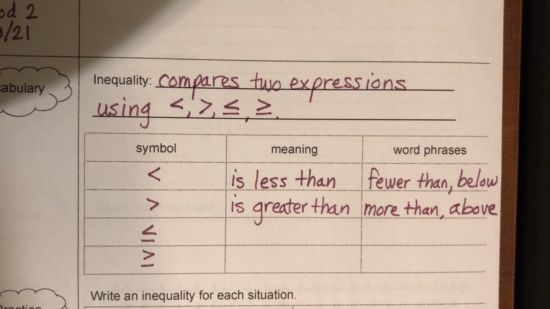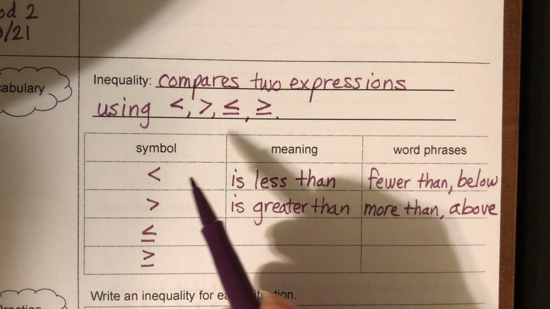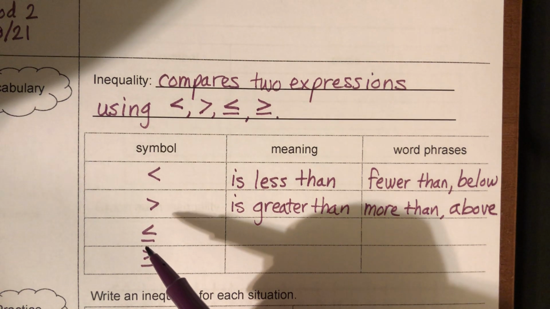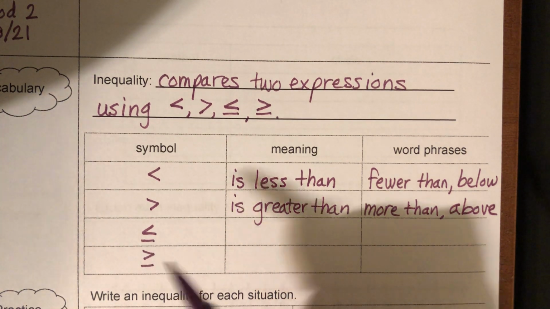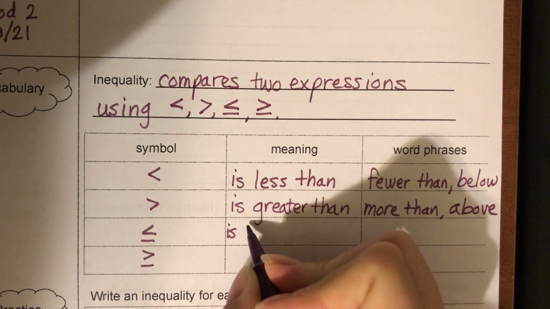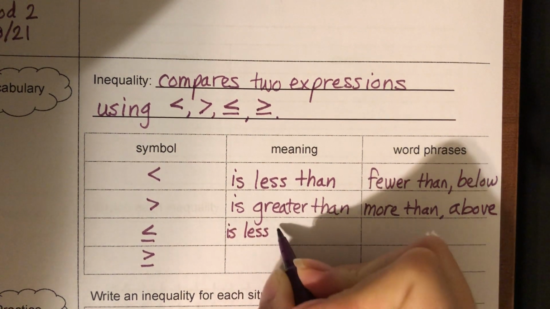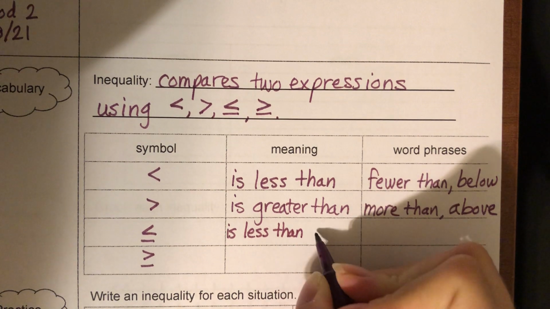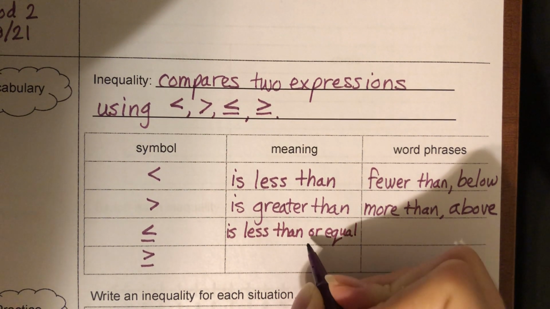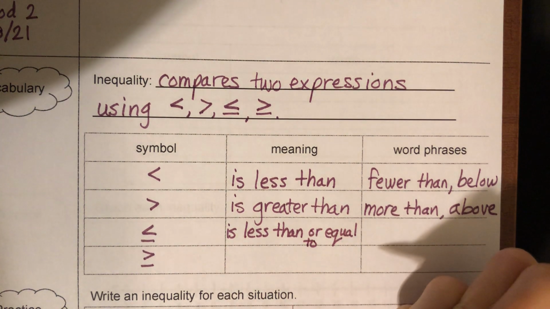Let's look at that next symbol. It looks like this symbol, but it has a little line underneath it. That little line adds a little something to this. So we can say this symbol is less than or equal to. Sorry, I ran out of space then.